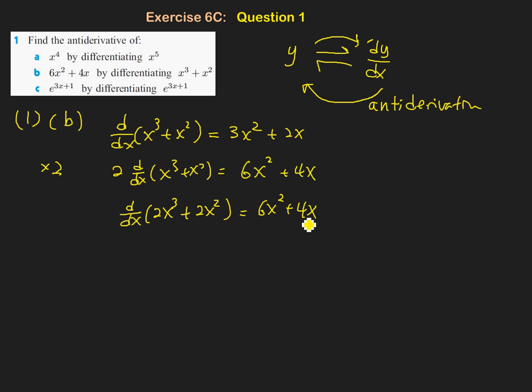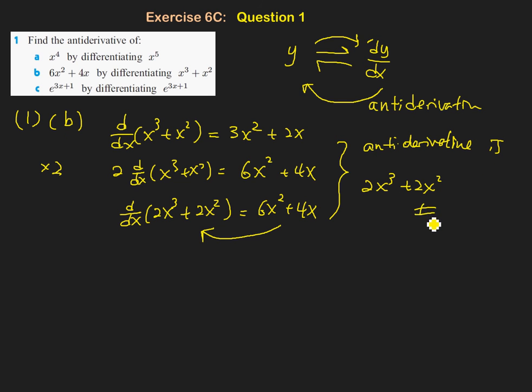So that means if you differentiate this expression, you get 6x squared plus 4x. On the other hand, the antiderivative for 6x squared plus 4x, that is going back here, is therefore 2x cubed plus 2x squared. Okay, you get it.